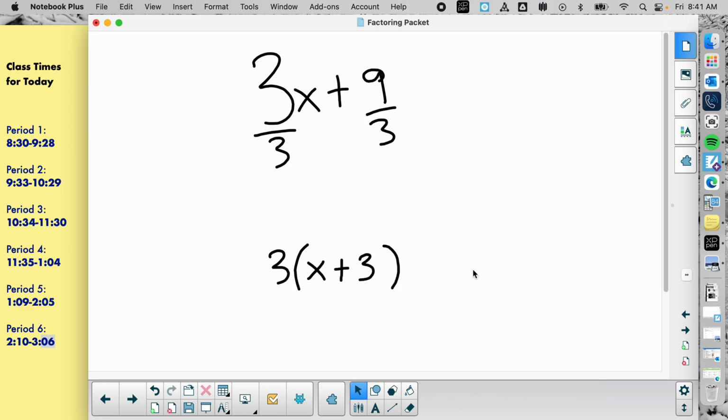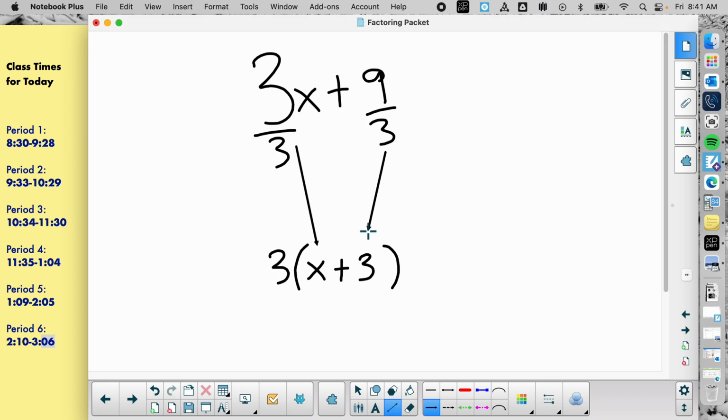Okay, if you guys need something on your paper: the answer you got from the first one is going to be the first spot in the parentheses. The answer you got from the second one goes in the second spot in the parentheses. And then whatever sign was here goes there.